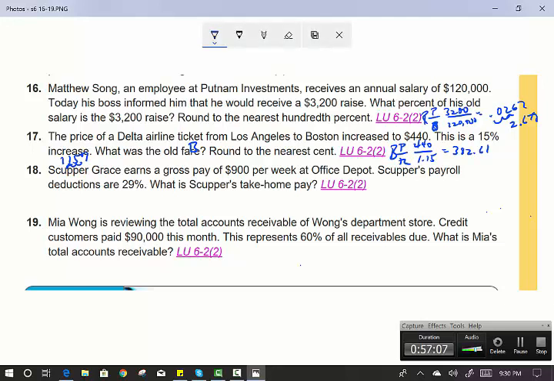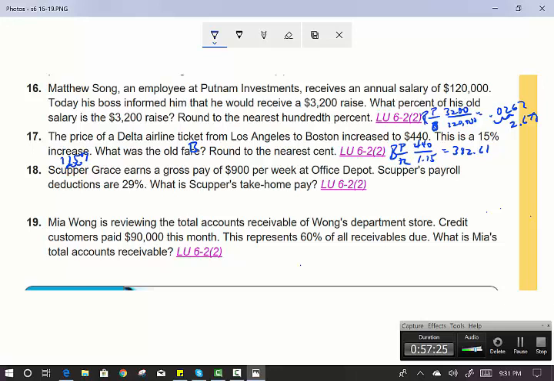So the price of a Delta airline ticket from Los Angeles to Boston was once $382.61, and it increased to $440. It's a 15% increase. So it wanted to know the old fare, which is a base. Base is equal to part divided by rate.